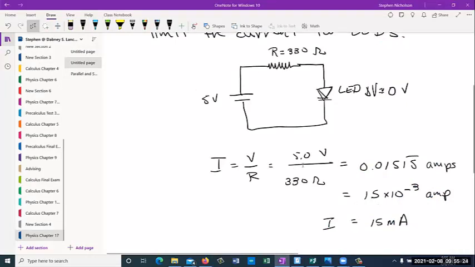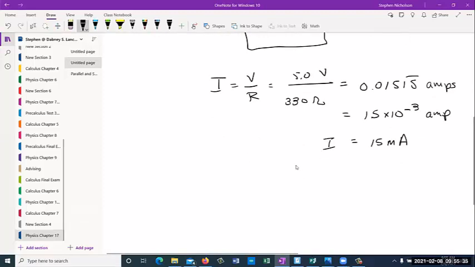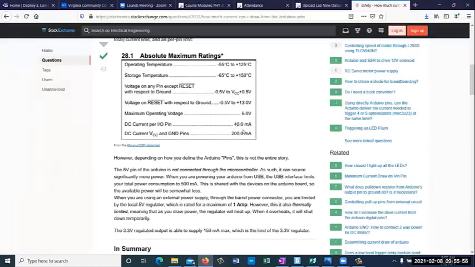If we used a 200 ohm resistor, or 220, which I guess is the other one that we have in our kit, then 5 divided by 220 gives you 23 milliamps. So that's to protect us from this 40 milliamp limit.